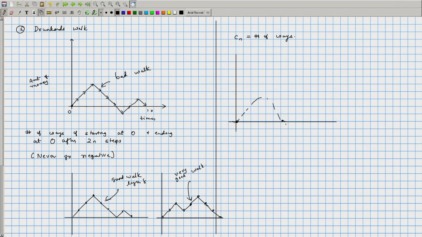Okay. So, look at the first time when a walk comes back to the x axis. Now, if you look at the remaining portion of the walk, that is essentially just a good walk of the same length. Okay. So, we can think of every walk as split into two parts.